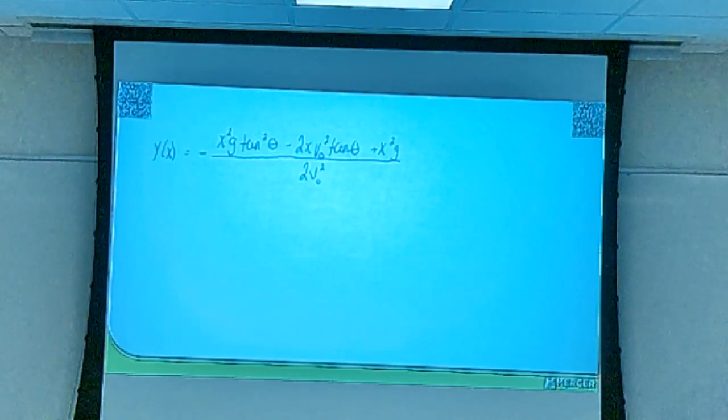This would be your model for projectile motion written in the form of y of x, or your height as a function of x.